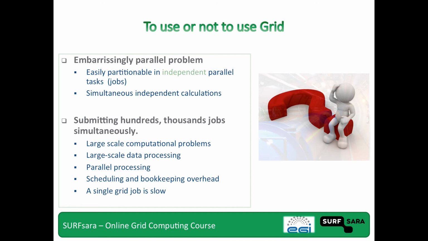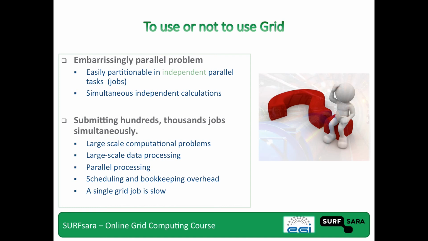So the grid is best suited for applications with a data parallel nature that require many simultaneous independent calculations. This means that the job can be split up relatively easily in multiple independent parts. And this is what is known as an embarrassingly parallel problem, which we also discussed during the cluster computing part of this course. So it becomes interesting when submitting hundreds or thousands of jobs simultaneously.